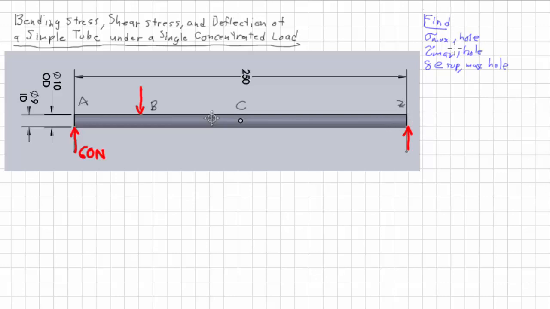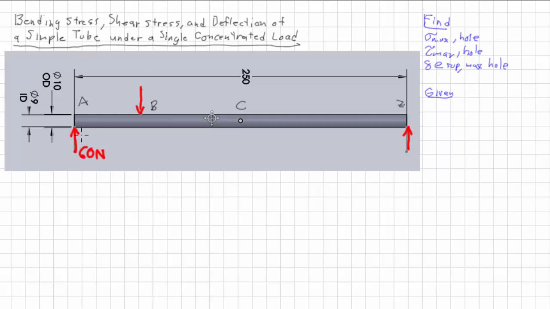Okay, so these are the things we're trying to find, and we are given, first off, the diagram. All right, so there's that. So I'm not going to write down those things, but we've got the OD of 10, ID of 9, length of 250, and I'm going to fill in some of these others.